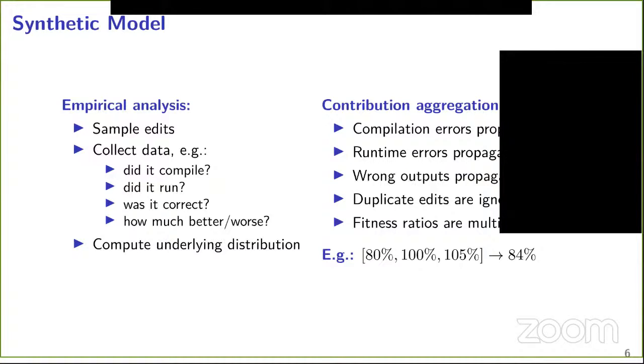So if you have one very good edit that cuts your runtime in half, if you consider it 10 times, it still only cuts your runtime in half. And other fitness ratios are multiplied. So if you have one edit which makes your software faster, one edit which does not have any impact on the running time, and one which is slightly slower, you still want to have something which is faster.